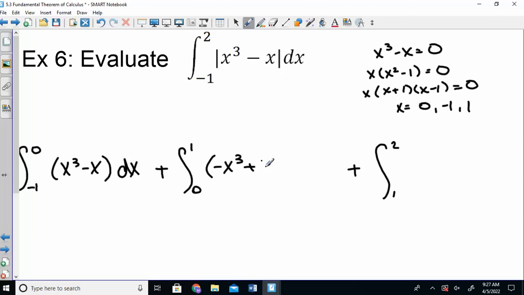Can I just distribute the negative through there? Negative x cubed plus x. From 1 to 2, if I plug in a 2, I get 8 minus 2, which is positive, so the absolute value doesn't change anything.